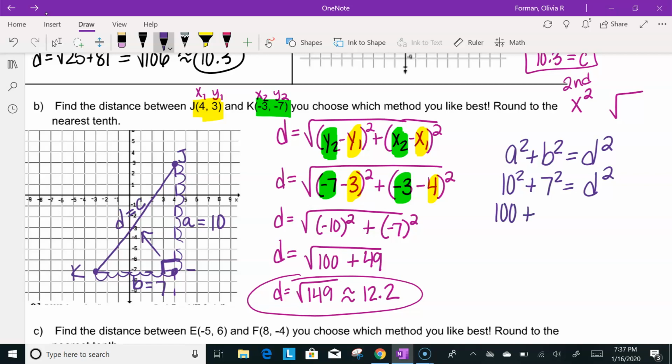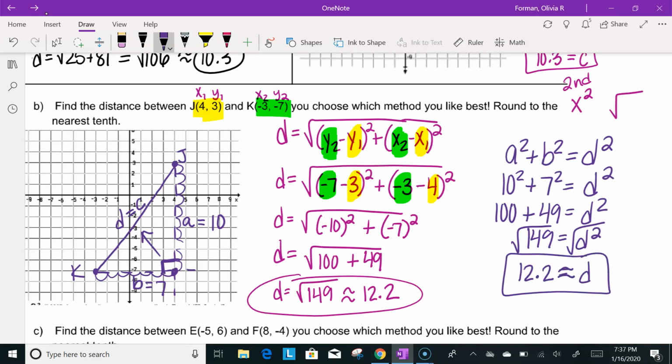Again, 10 squared is 100, 7 squared is 49. I get 149 equals D squared. To get rid of a squared, I take the square root, and so I end up with about a 12.2 is equal to D. And if you want to use approximately equal to, that's even better.